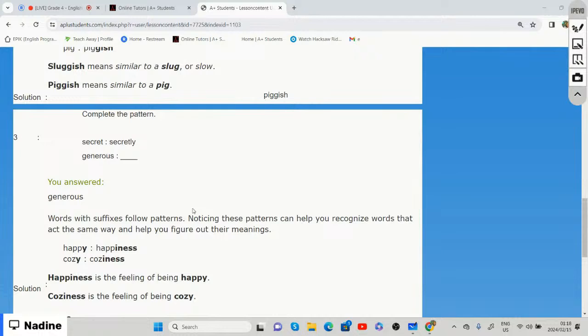So now we're going to have to complete the pattern. The first word is secret, and then we have secretly. We added the suffix ly.